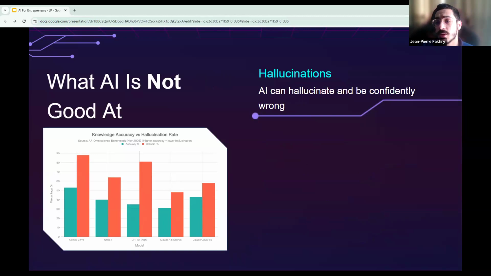In 2023, two lawyers in New York submitted a legal brief that cited fake court cases that were made up by ChatGPT. They faced sanctions from the judge. And again, this is not a bug that will be fully fixed. It is a property of how probabilistic language models work. Okay, this is how they work. So your product in the future should be designed around this reality.